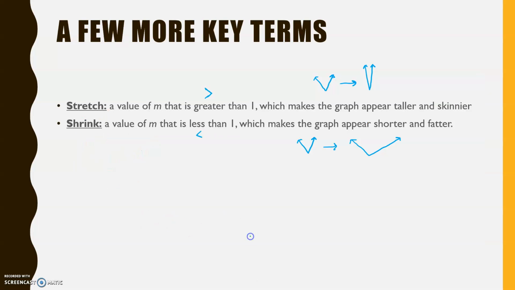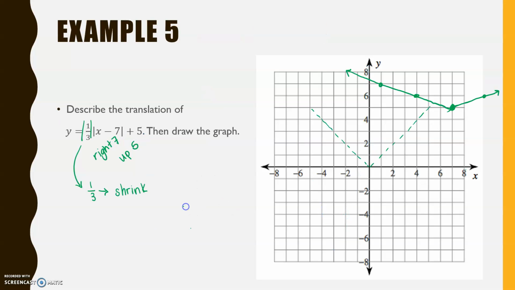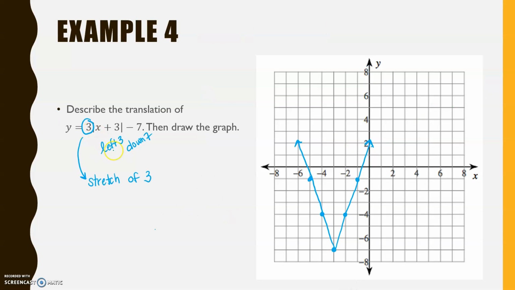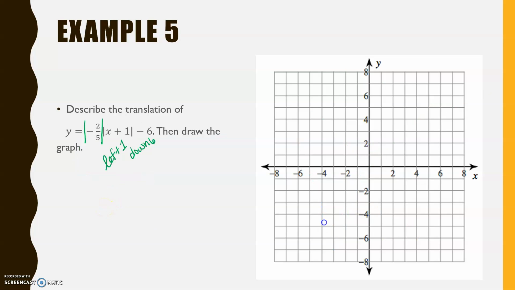I want to be very careful because it says a value of m that is greater than 1. Really, I should say an absolute value of m that is greater than 1, because if I had a slope of -3, it would still be a stretch. It would just change which direction it opened. So here, 2/5, the absolute value of -2/5 is less than 1.